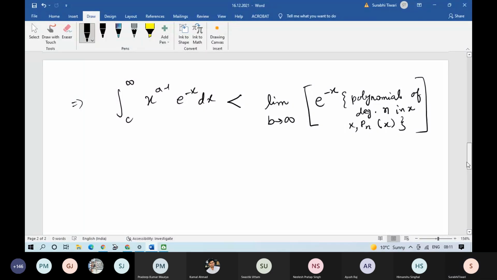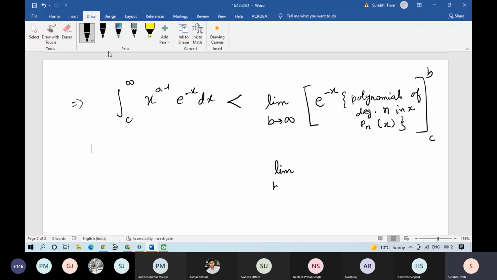So just write Pn(x). So when we put the limits from c to b, what do you get?